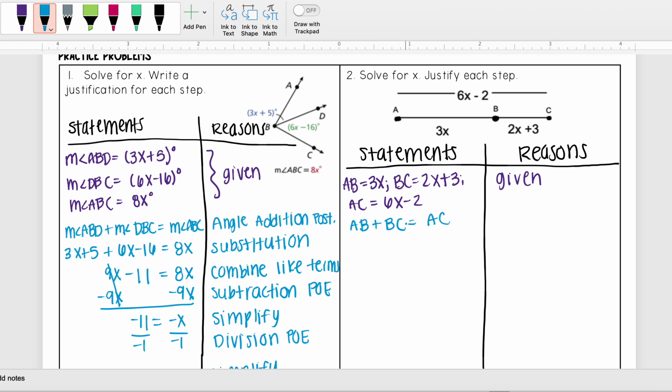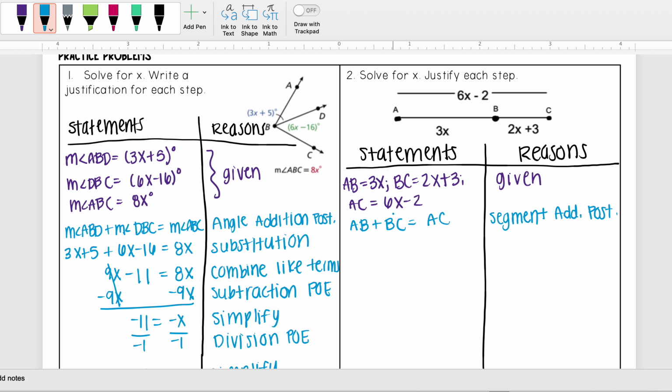The proof, you need every little step to show why you can get there. And so now I need to think, okay, why was I able to say that? So we need to think back to what that postulate was, and that was the segment addition postulate.